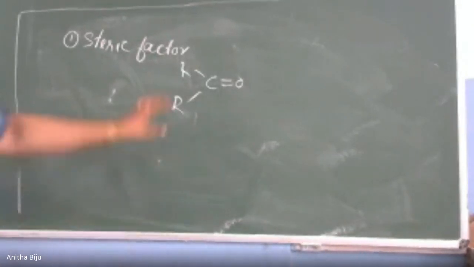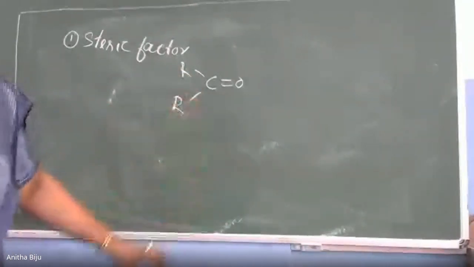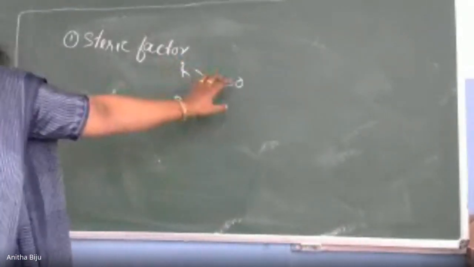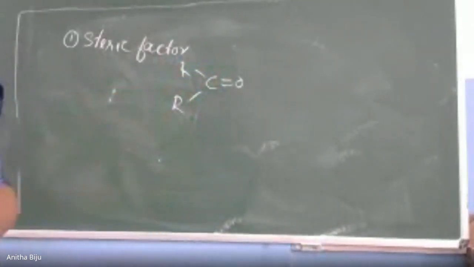So when the nucleophile is approaching the carbonyl group, these two groups hinder the attack of the nucleophile on the carbonyl group.